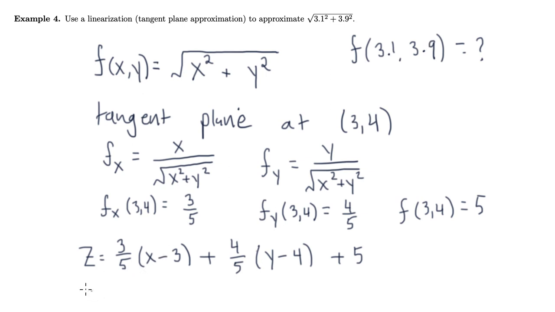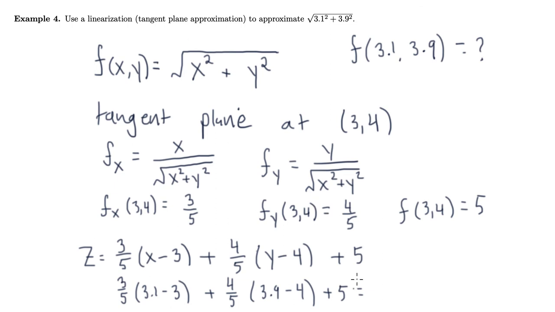So if I plug that in, I get 3/5 times (3.1 minus 3) plus 4/5 times (3.9 minus 4) plus 5. But what is this? This is going to be 0.1.